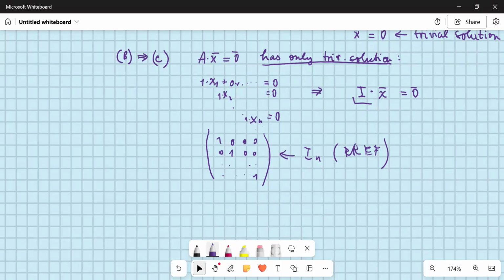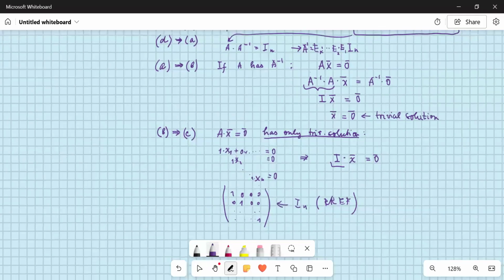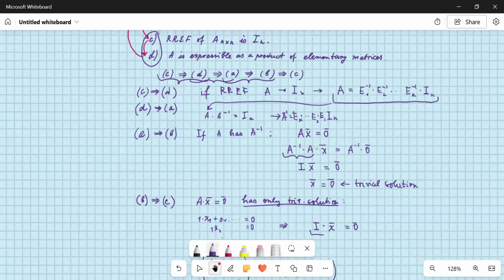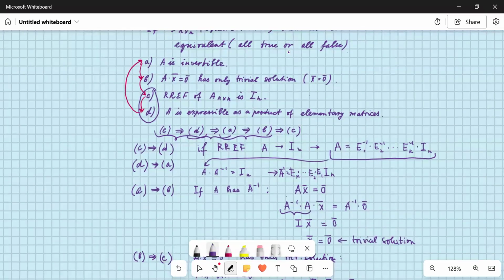Okay, well, hopefully, guys, you will remember this theorem. I'm not going to ask you to prove this theorem, but I want you to remember that these four statements are equivalent. The matrix is invertible; the equation has only the trivial solution, which is not that easy to connect with invertible, right?